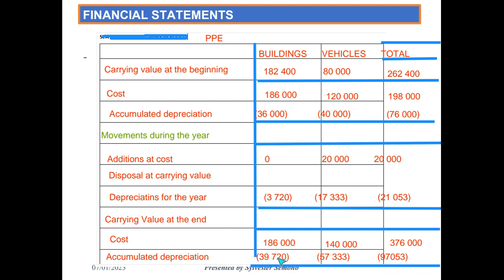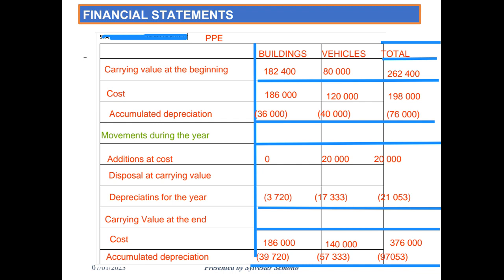Cost minus accumulated, we put the answers here. For the building, it's 146,280.